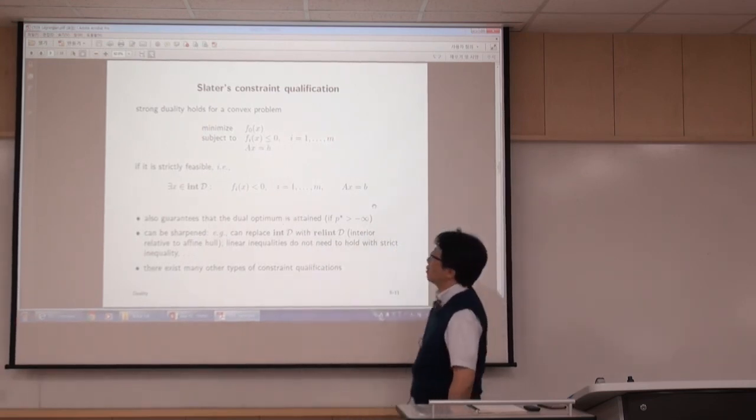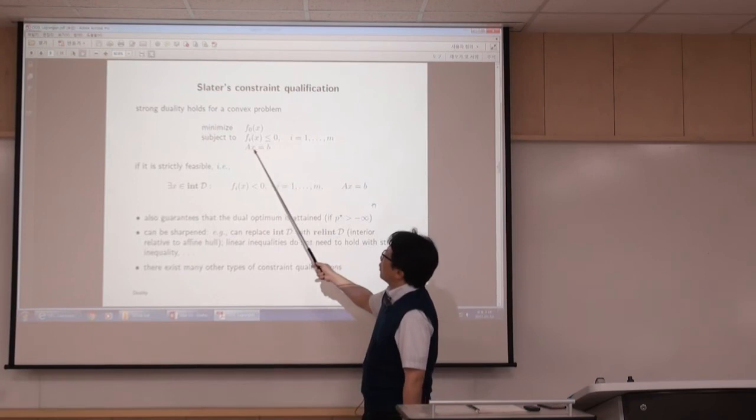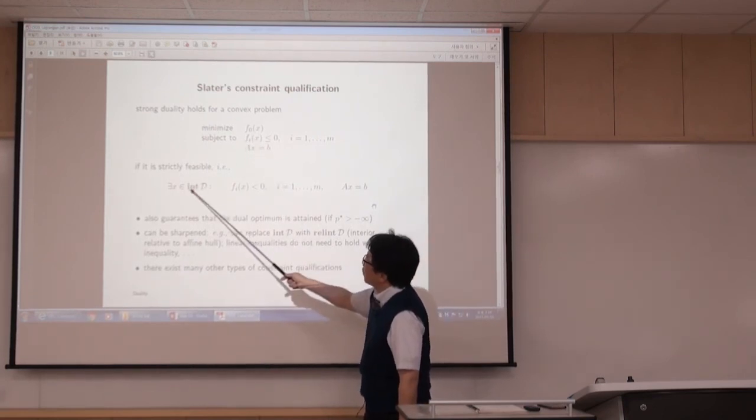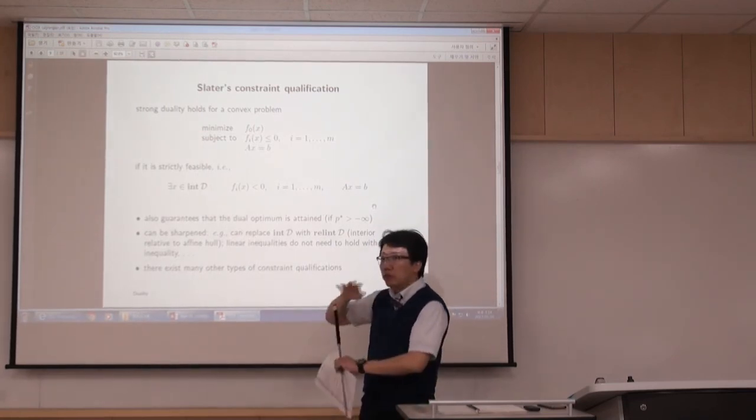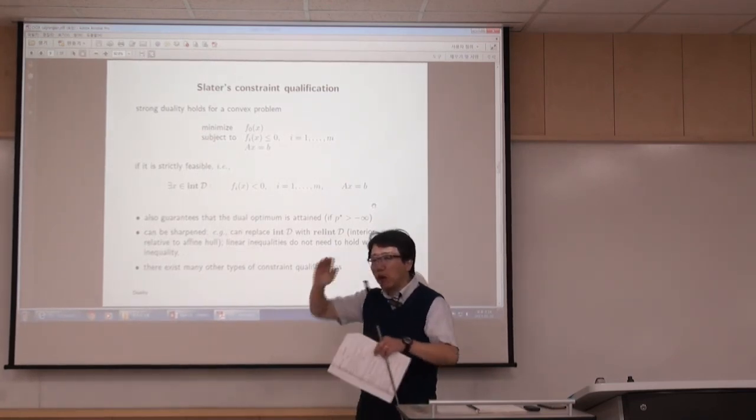But in this case, this means the interior of the domain, okay? It means that you remove the boundary.